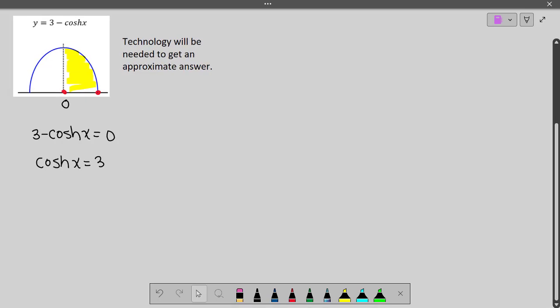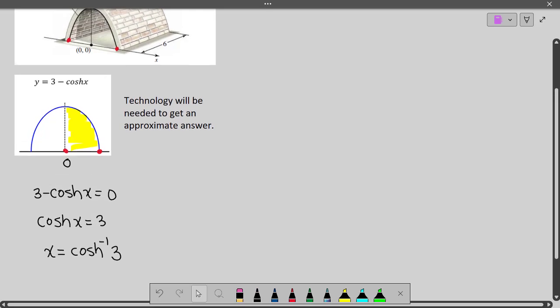And then we would have to solve for x. We obviously don't know an x value whose cosh is 3. So the only thing we could do here is write this as inverse cosh of 3. That's all we could do.